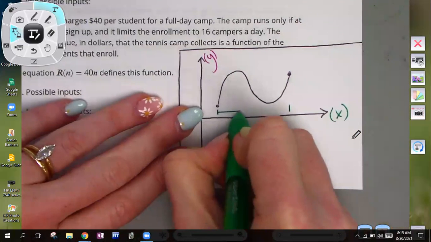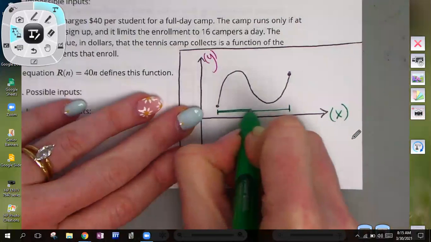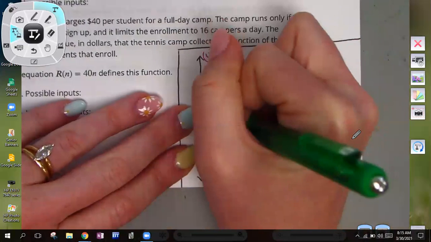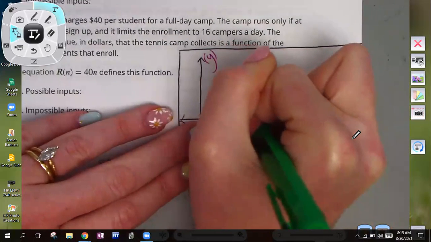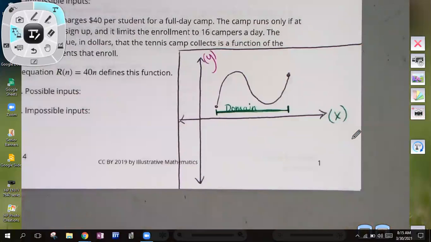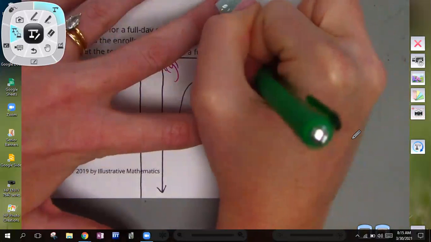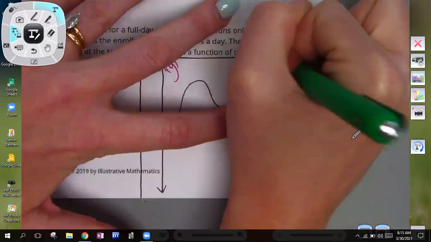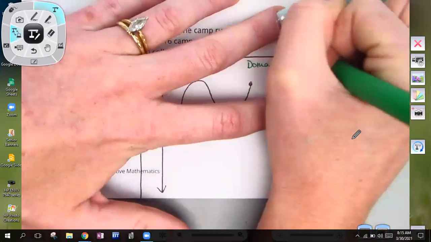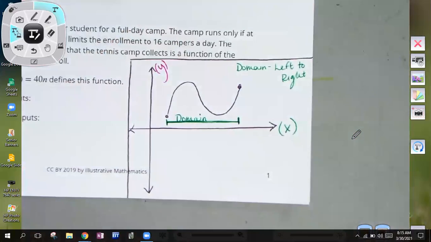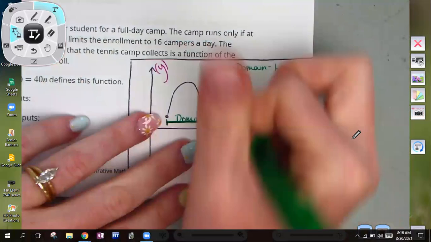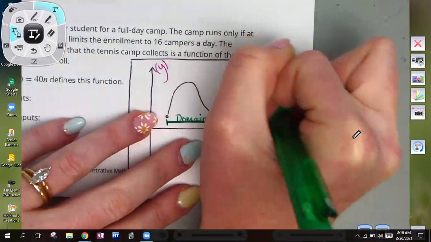So all of that space in between, from the beginning of my function on the left to the end of my function on the right, is considered its domain. So you read the domain left to right, not right to left. You read it like you're reading a book. Like an English book.